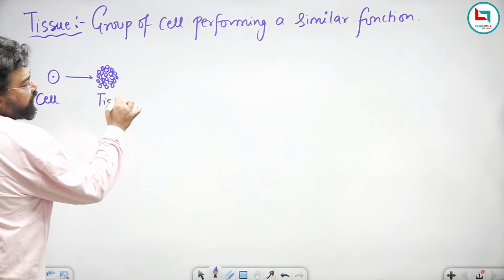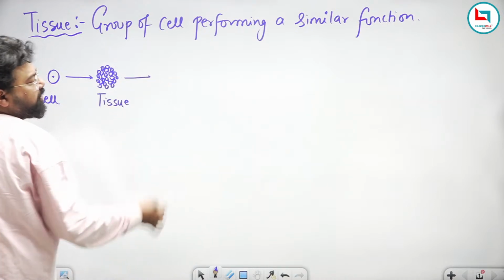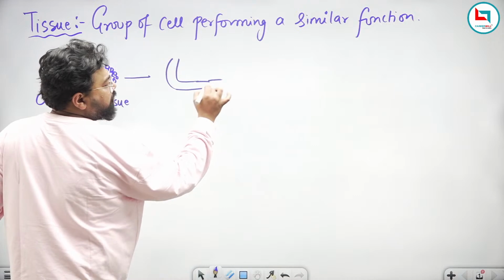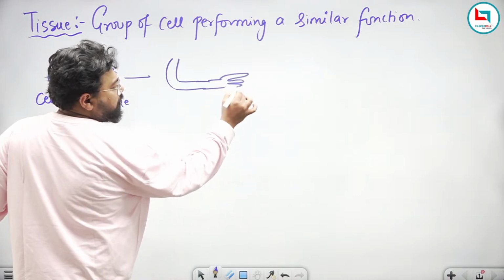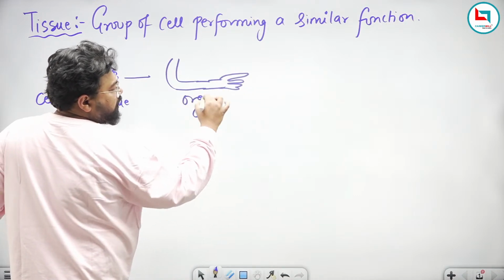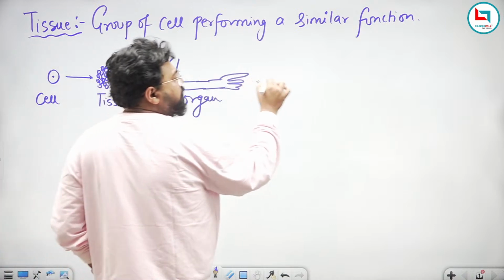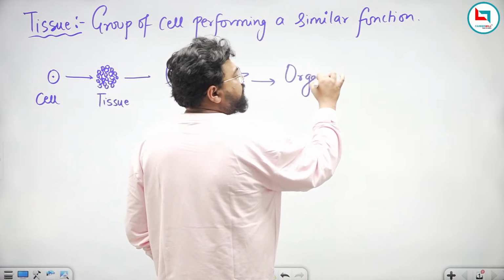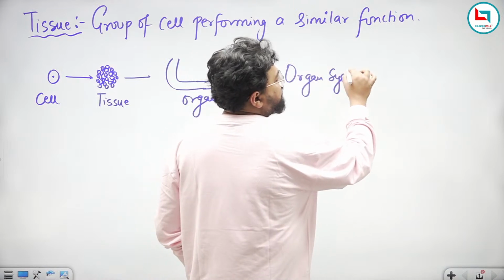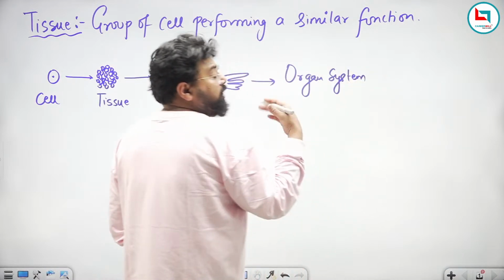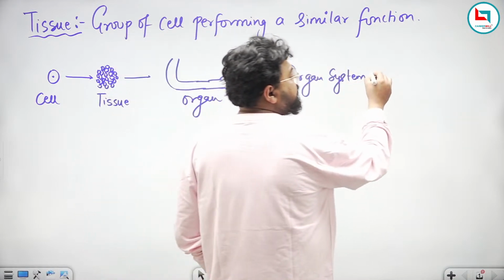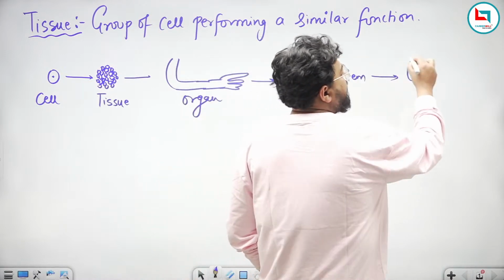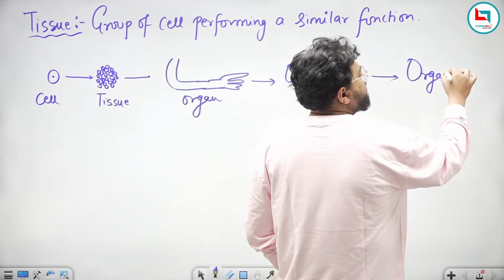After tissue, these tissue arrange themselves to form an organ, and these organ will form a system, that is organ system. Like we have different type of system: digestive system, circulatory system, respiratory system, nervous system in our body. And when the organ system is formed, this will comprise a whole new organism.